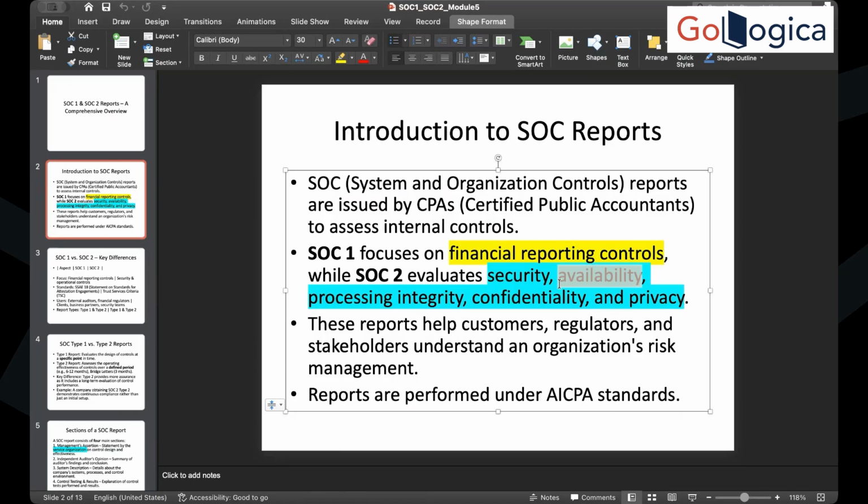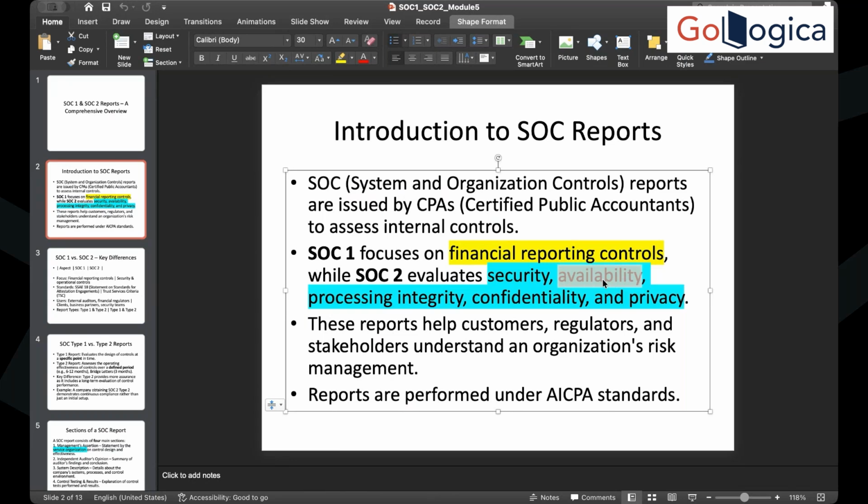Yeah, so this is related to business continuity. How do you make sure your systems are available? You create backups, you have disaster recovery plans, disaster response plans, etc. So pretty basic, right? Every company is doing that. So availability is also something that is very general in SOC 2 reports.